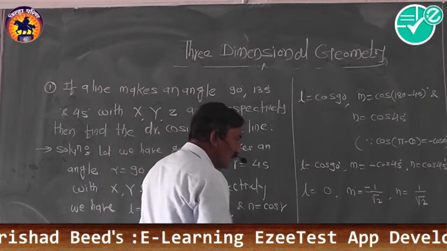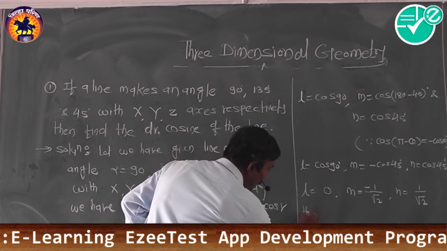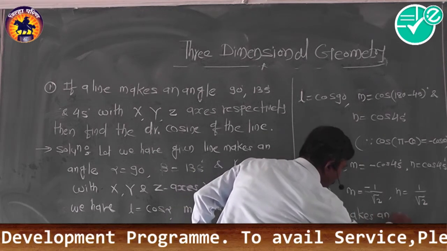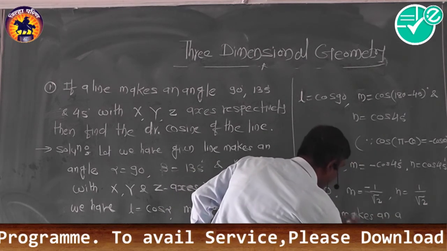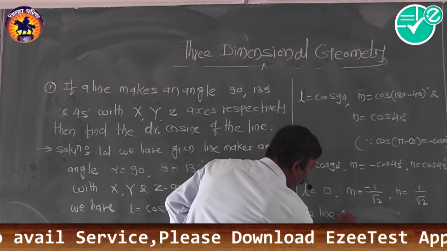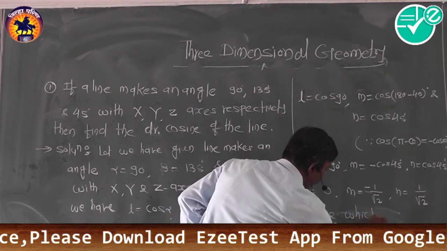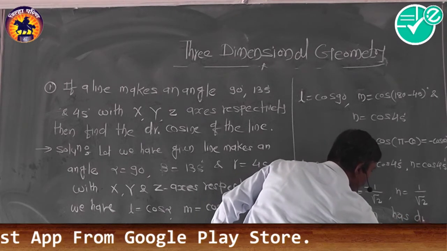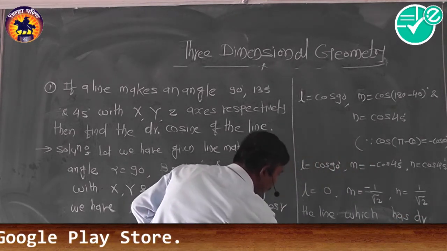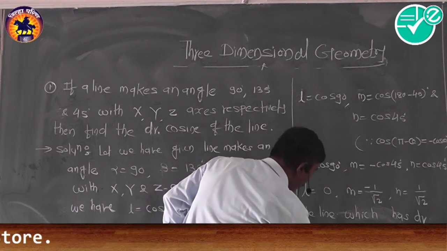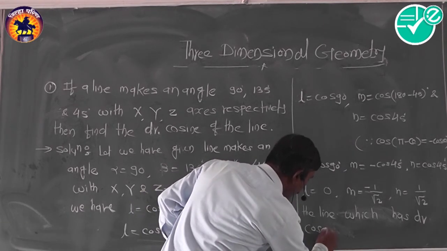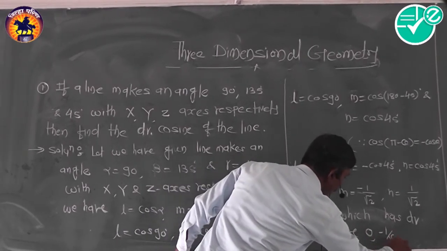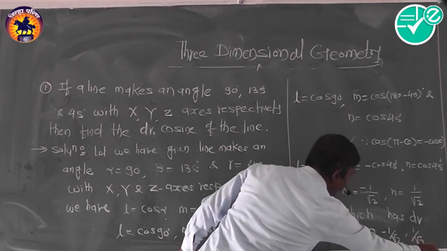So lastly we can write here: the line which makes these angles has direction cosines 0, minus 1 by under root 2, 1 by under root 2.